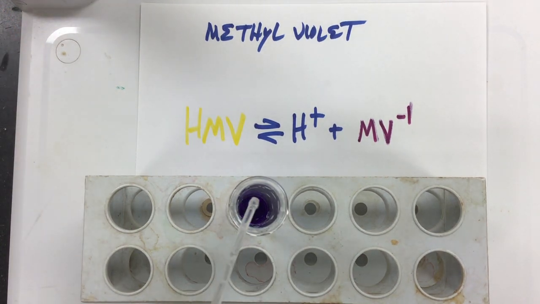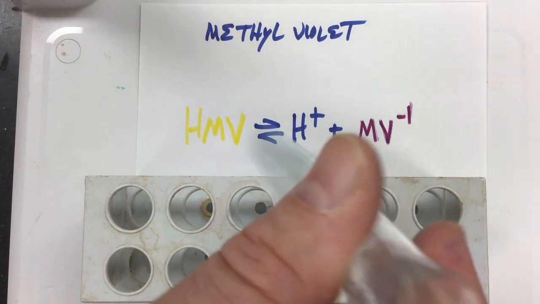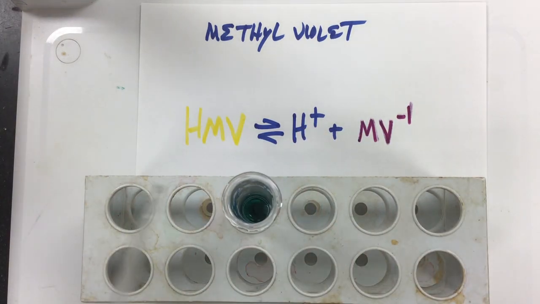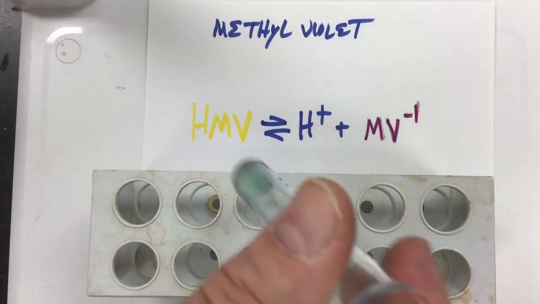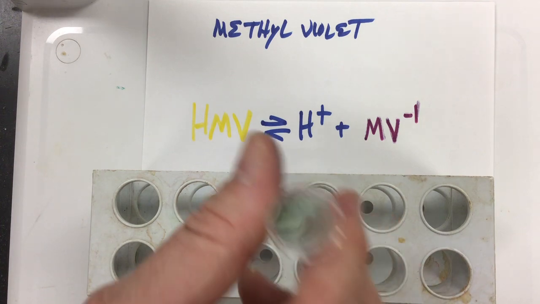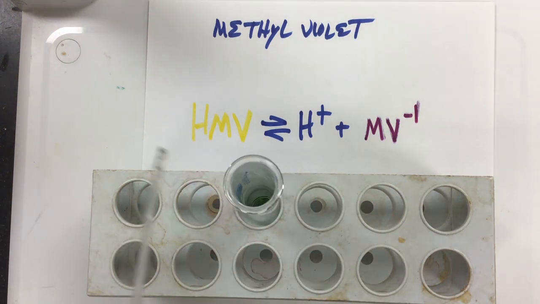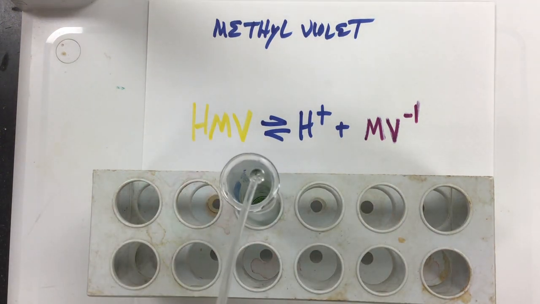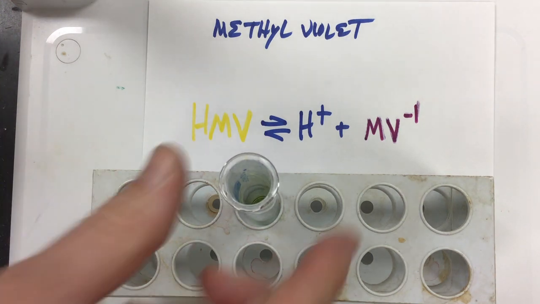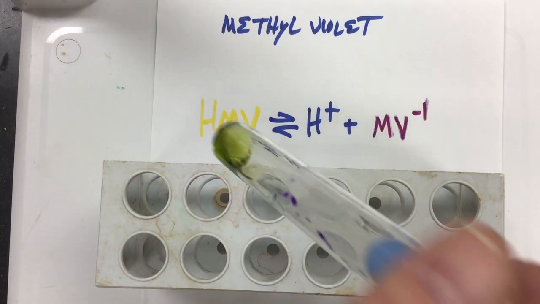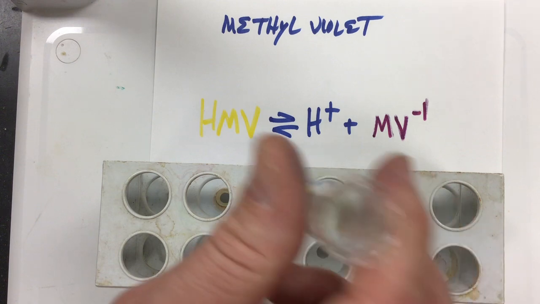So if I take this guy here and add in a couple of drops of HCl, I can get this guy here to turn to a yellow color. You see that? It's going from purplish to green, a couple more drops here, and I could get that to turn to yellow, and I definitely have a yellow color here now.